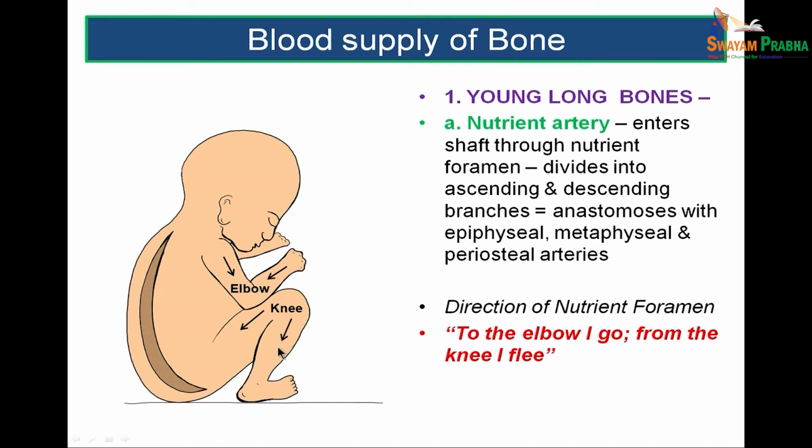Why? Because the growing ends of bones are in the shoulder region and wrist and around the knee. So, if these are the growing ends of the bone, due to the growth, the vessel gets pulled and there's traction, leading to a change in the orientation of the nutrient foramen.